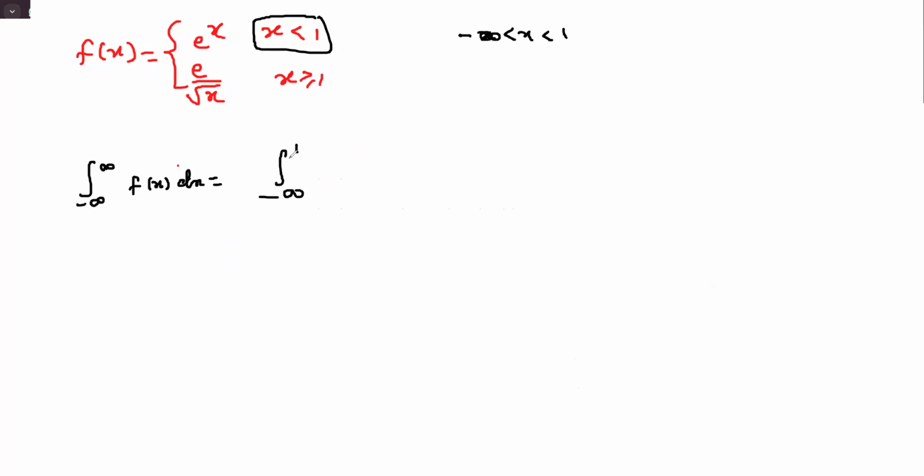When the function goes from minus infinity to 1, its value is e to the x. And then from 1 to plus infinity, this is e to the root x.